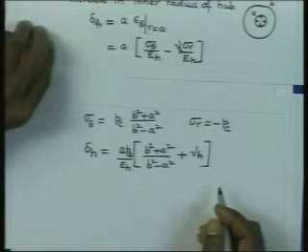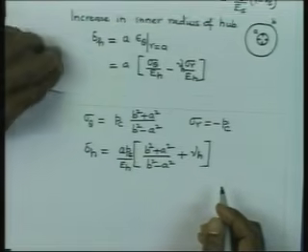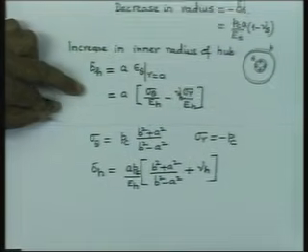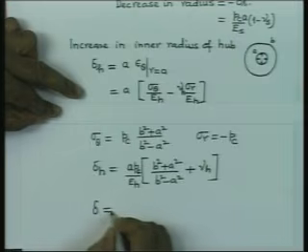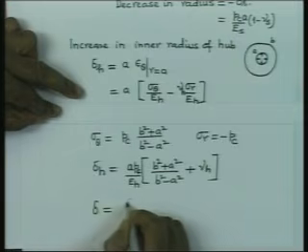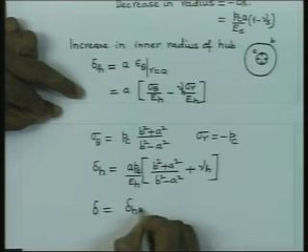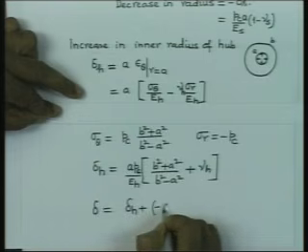So, we have got both an increase in the radius of the hub and a decrease in the radius of the shaft, and therefore, we can now write the compatibility condition that delta is equal to delta hub plus delta shaft.